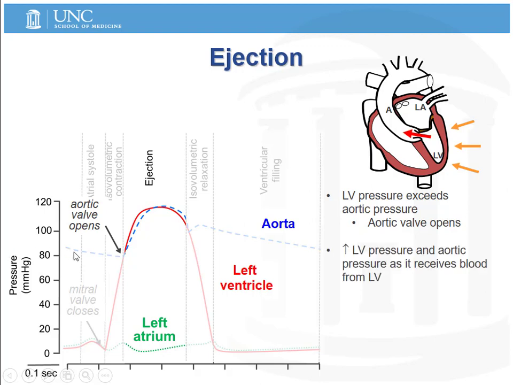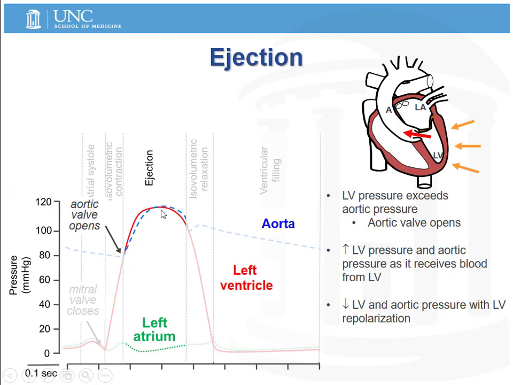As the ventricles continue to contract, the pressure in the left ventricle continues to rise and blood is ejected into the aorta, causing a rise in aortic pressure. When ventricular contraction is complete and the ventricles begin to repolarize, the pressure in the ventricle begins to decrease, and as the rate of ejection of blood into the aorta decreases, the aortic pressure also drops.